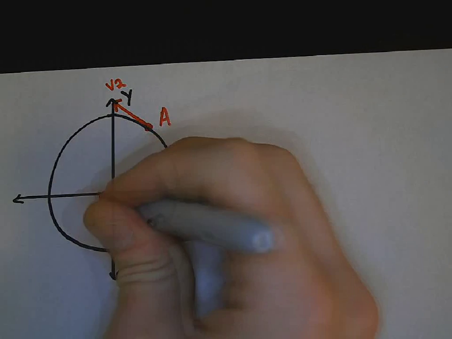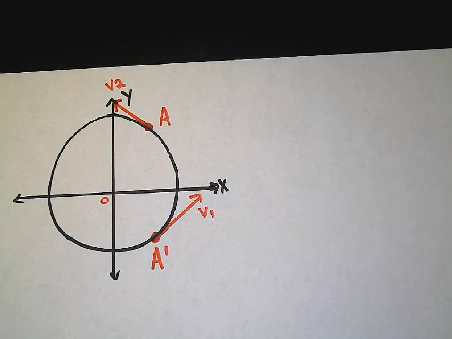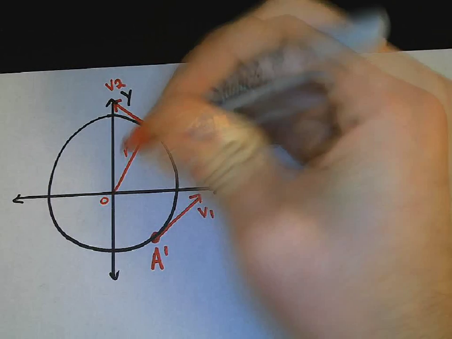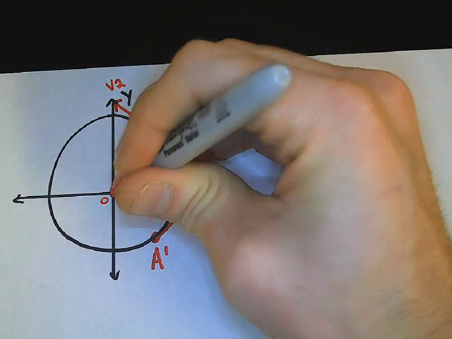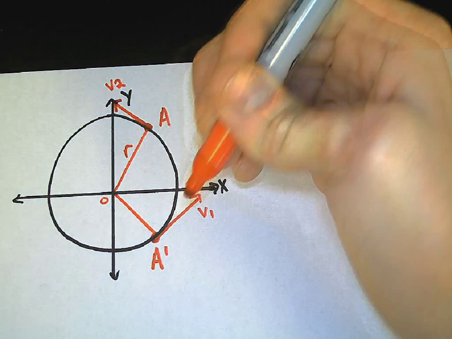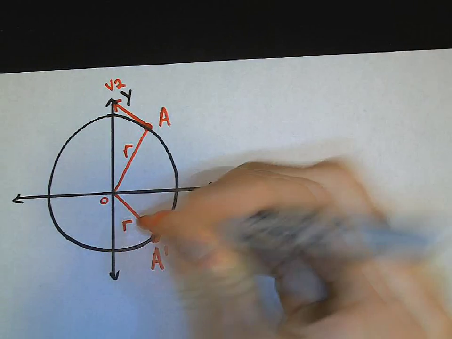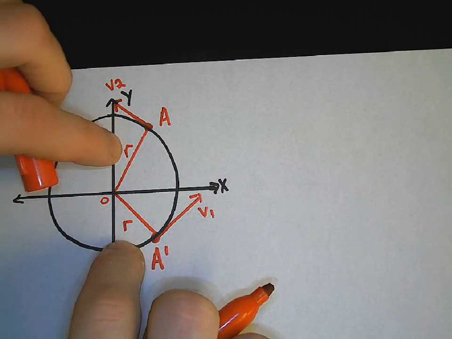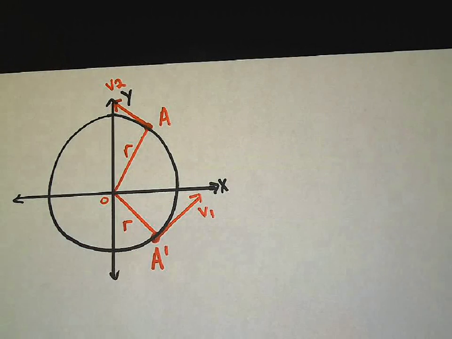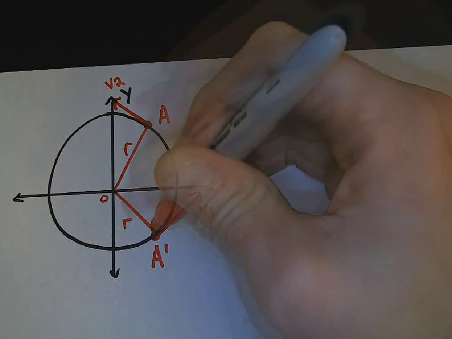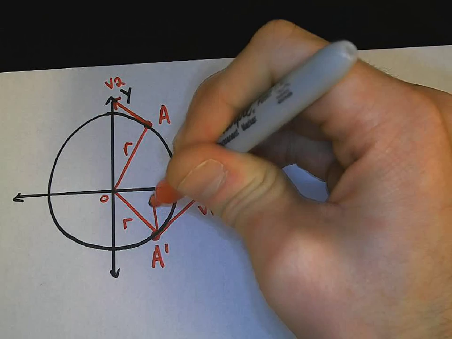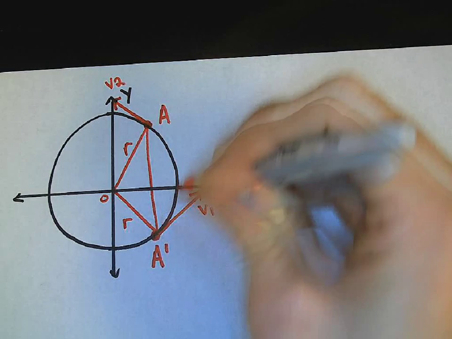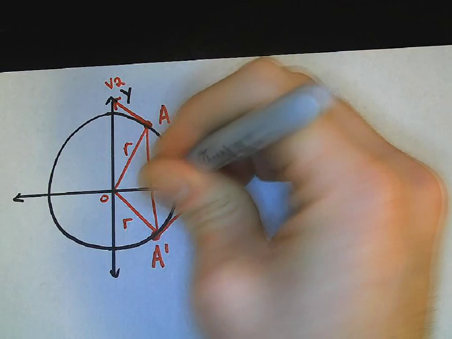Our origin at O. We have the radius of our circle, and although this circle is not drawn as a true form, because it's supposed to be uniform circular motion, these two radii are supposed to be the same. And we will call this length from A prime to A our arc length, S.